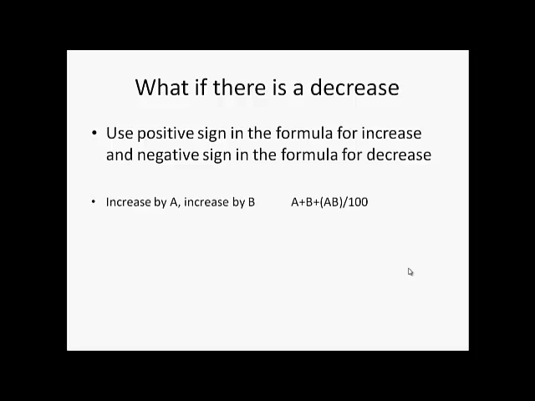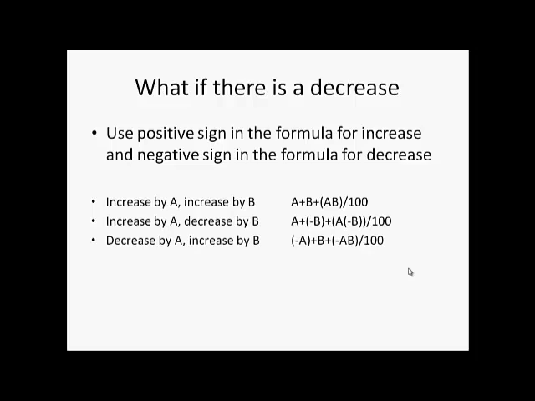So, when both A and B are increasing percentages, my formula remains A plus B plus AB by 100. If A is an increase but B is a decrease, then wherever we have B in the equation, we substitute the negative value. Similarly, if A is a decrease while B is an increase, the value of A is written as the negative value.